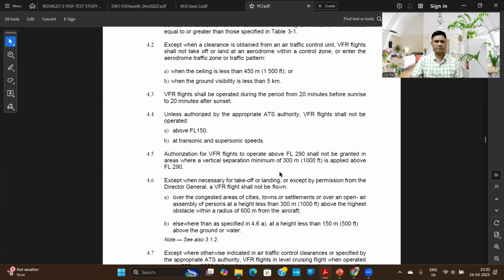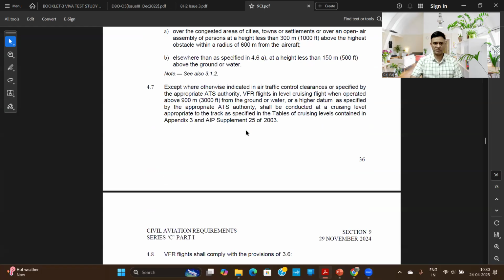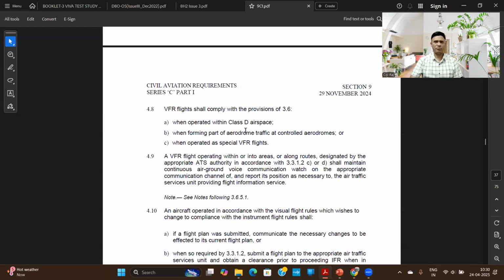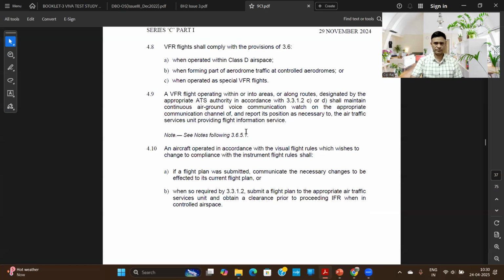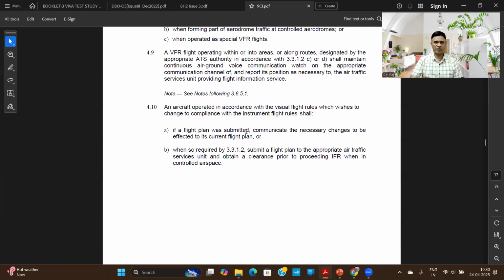Also, you should maintain at least 1000 feet above the highest obstacle within a radius of 600 feet from the aircraft. And you should not fly over very populated or congested areas, etc. These are the rules of VFR flight.